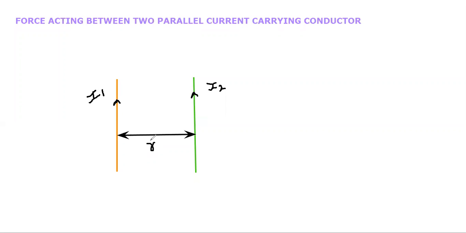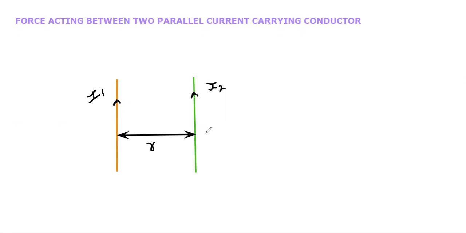Now, as current is flowing through this conductor, and we know wherever there is current, there is a magnetic field also. So there is a magnetic field around it, and the magnetic field lines would be of circular shape. We can get this with the help of the right hand rule. That magnetic field would be like this in circular loops.